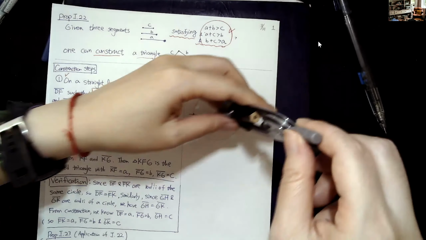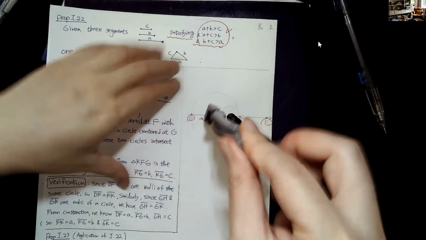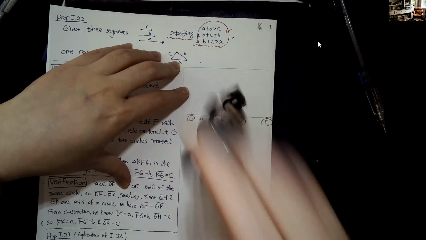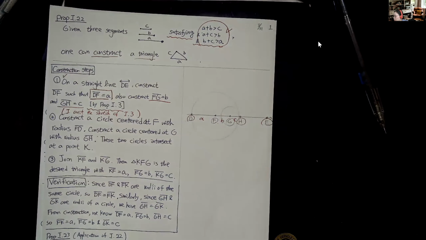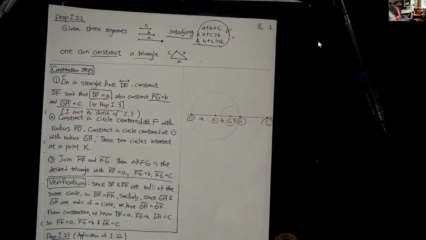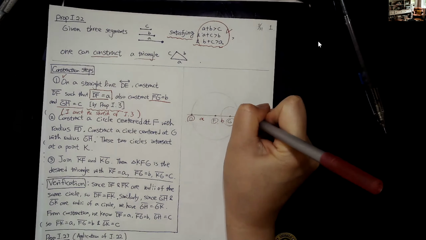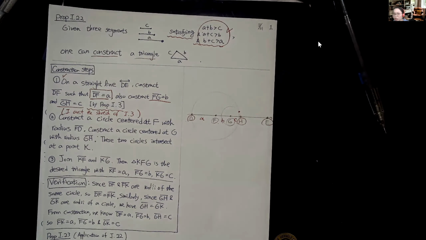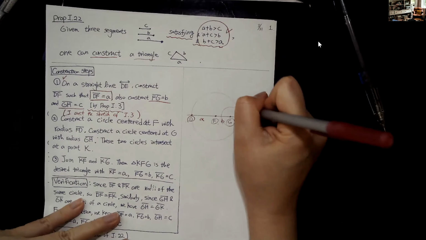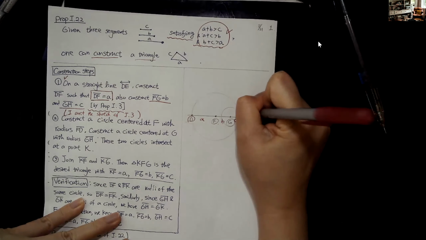Now you can see that they intersect at roughly here. Sorry, the picture is not very clear. The two circles intersect at a point, and I call it K.